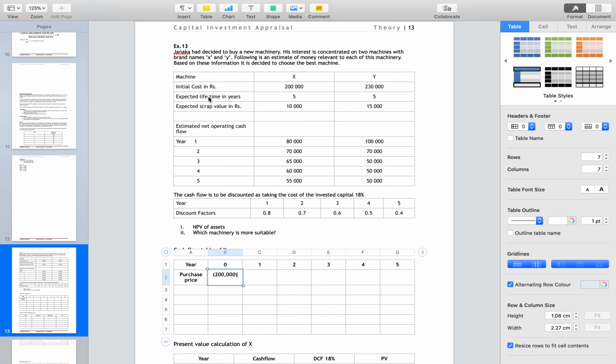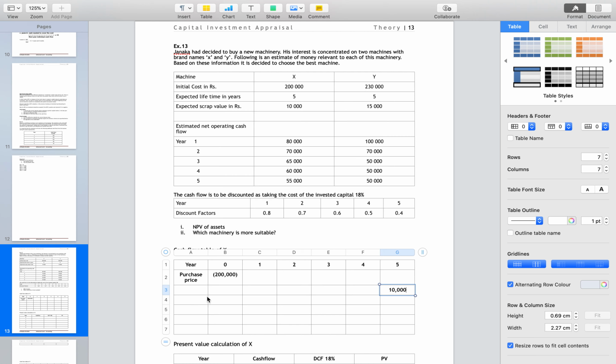Done. Expected lifetime is 5 years, so that's why we are running the project for 5 years. And the expected scrap value is 10,000. So what they are trying to say is, you can use this for 5 years, and after using this for 5 years, you can sell the machine for 10,000. But remember, you can sell the machine when? After 5 years. So therefore, this should come to the 5th year, 10,000.